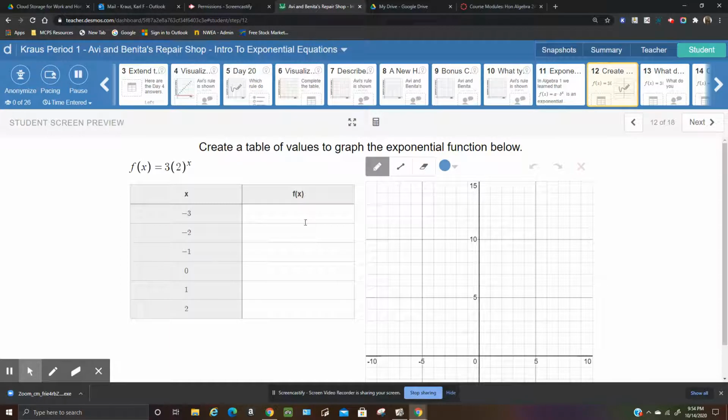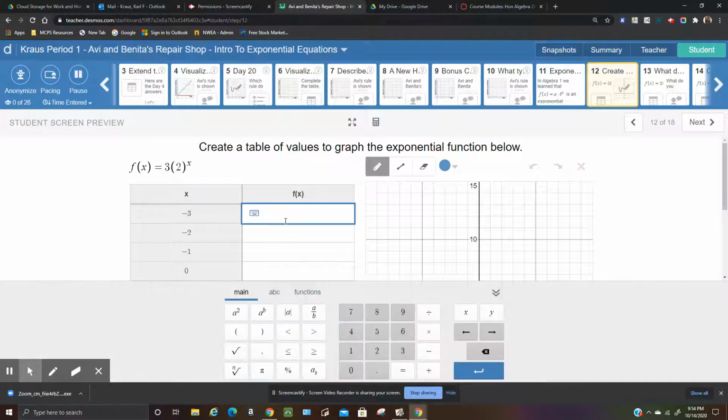So use a table of values to graph the exponential function. So if I put a -3 in there, it's 3/8. 3/8 comes out. If I put a -2, it's 3/4.